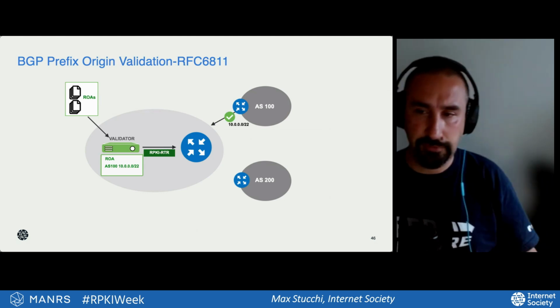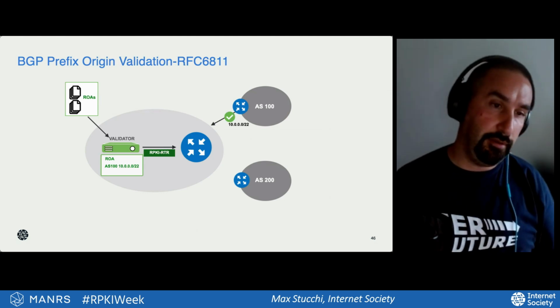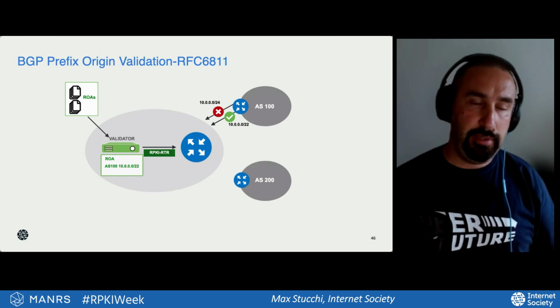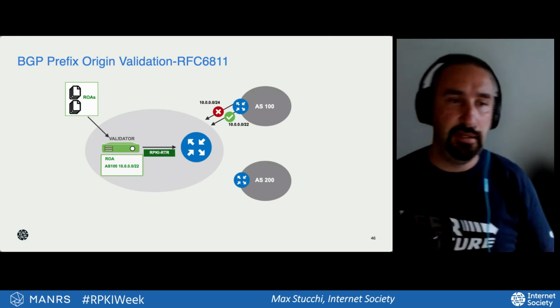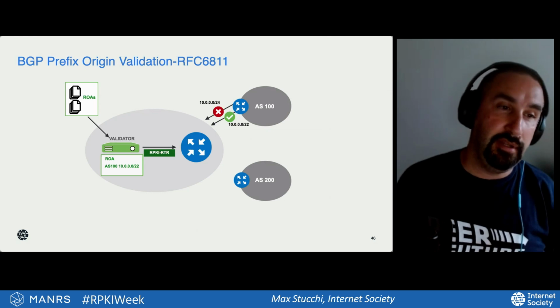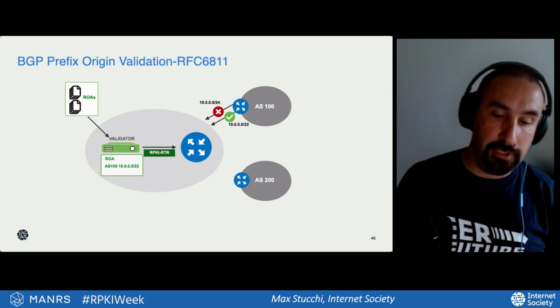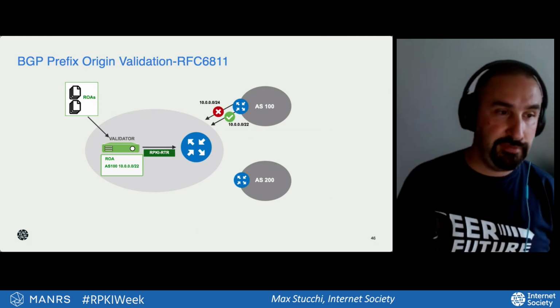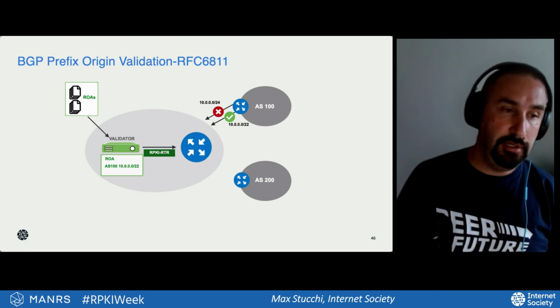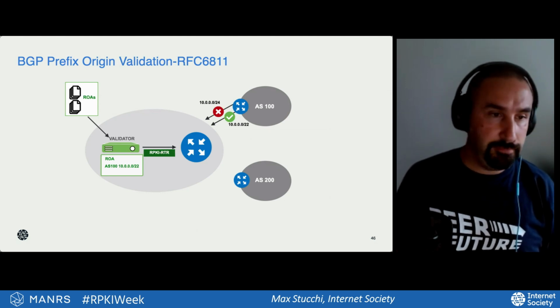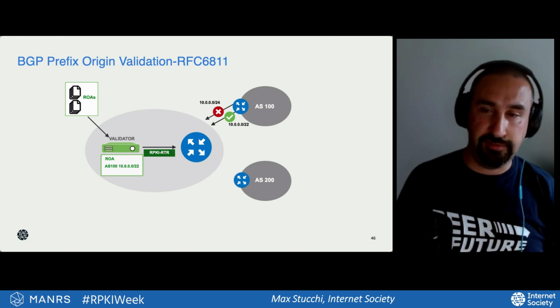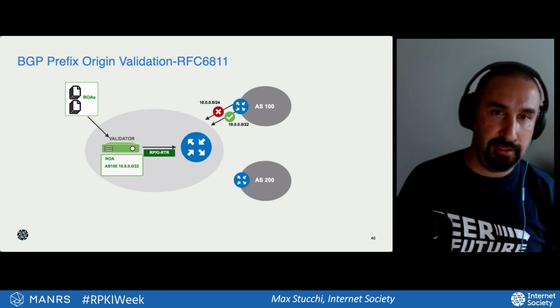And if we see an announcement that matches what we have in the ROA, perfect. If we have something slightly different, so in this case, AS100 creates a BGP announcement for a /24 that is more specific than that /22. We've already seen it when we were looking at the ROAs. Unfortunately, we should not accept that prefix.